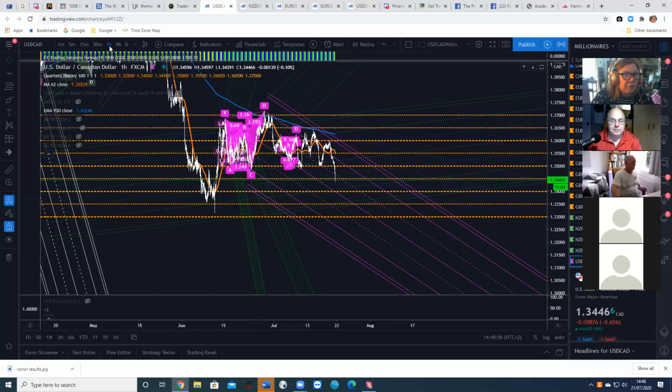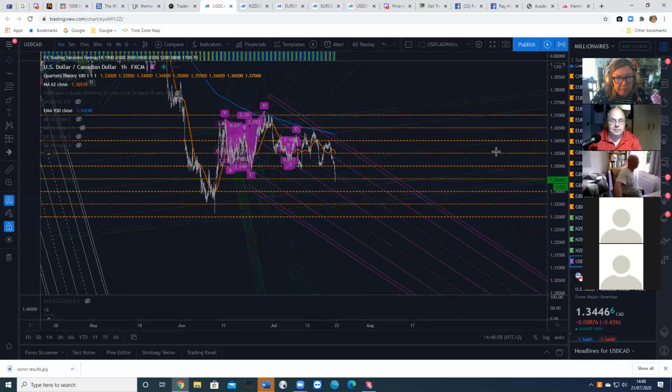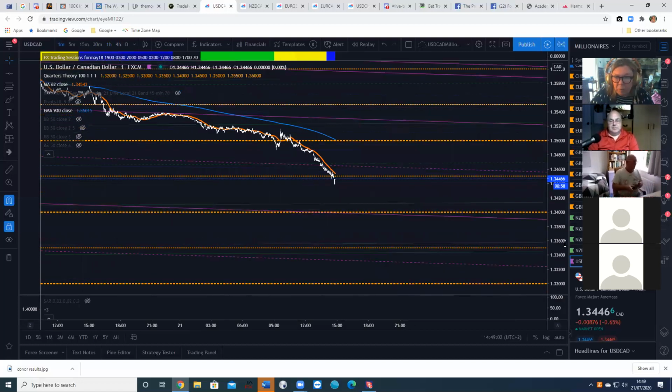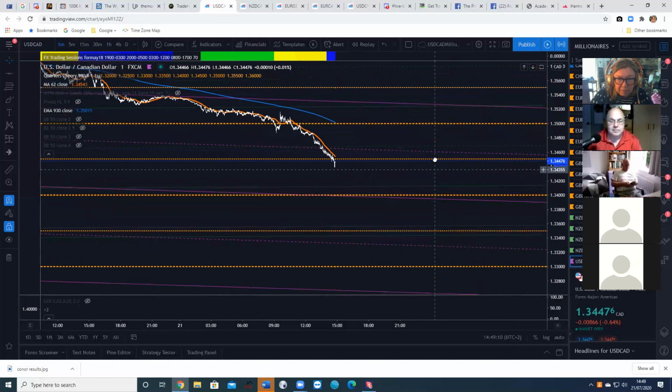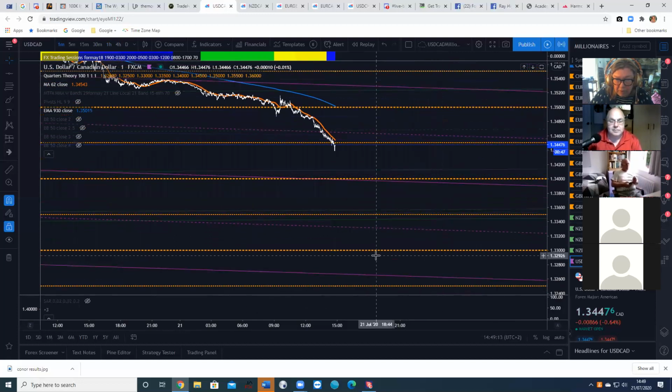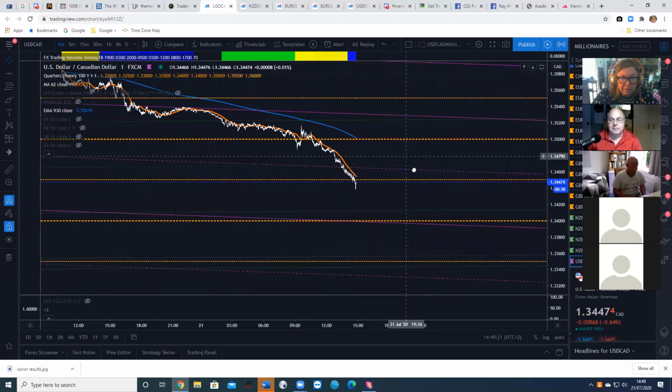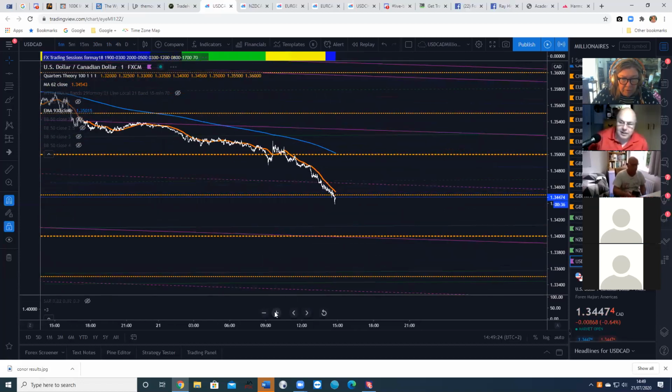I'm not saying it'll go that far, but it may want to push down quite a bit more. So back to the 1 minute, 1.33 is right down there. 1.33, which would be another 50, 100, 150 pips.